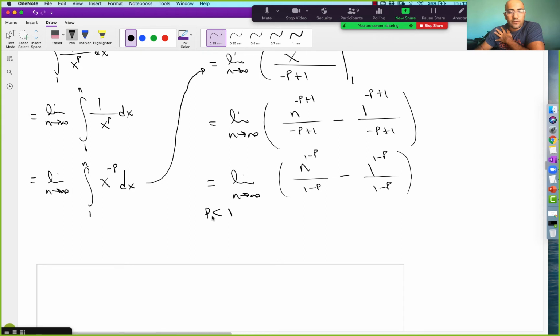Then you would end up with the limit as n goes to infinity of n to the power of 1 minus p all over 1 minus p, minus 1 to the power of 1 minus p all over 1 minus p.